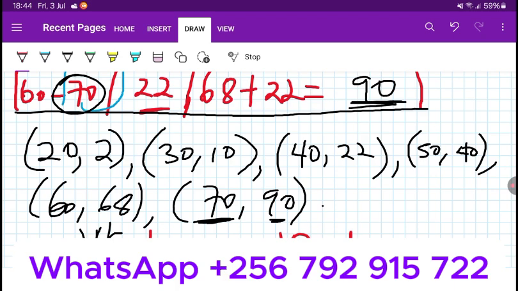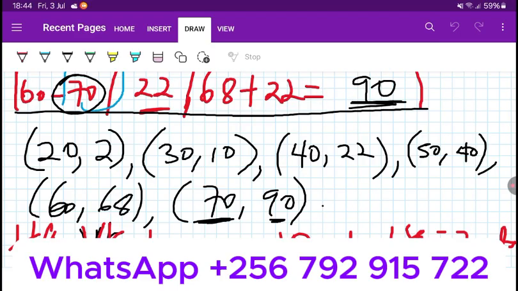So it means that one small square is going to be equivalent to 2 units. Remember, we have said that the vertical scale is going to be equal to the horizontal scale. So we can say the horizontal scale is equal to the vertical scale, which we have said is going to be 1 centimeter equivalent to 10 units.